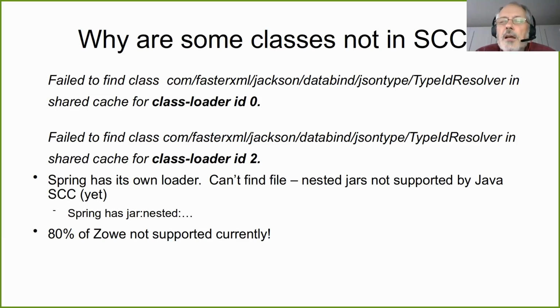And the shared classes cache does not support the nested classes yet. I raised a defect with the Java development team, and they're looking at a fix which may come out in the third quarter. But for running Zoe, 80% of the code cannot go into the shared cache.